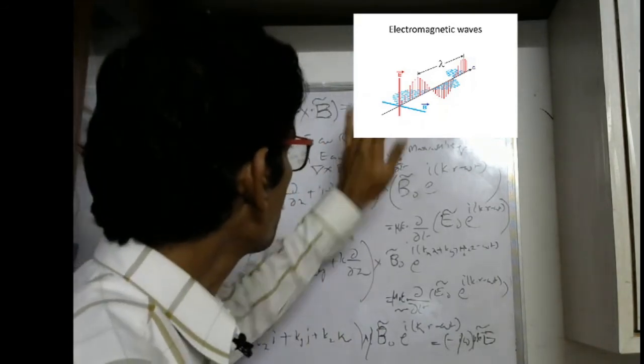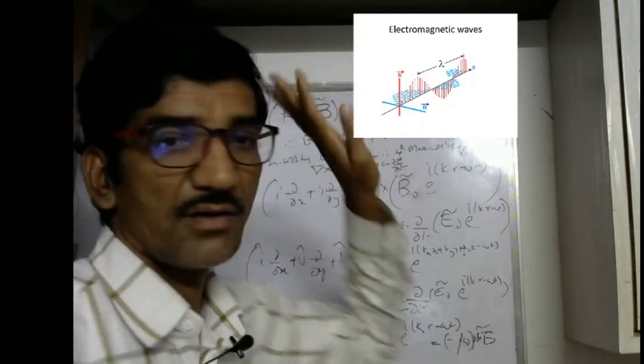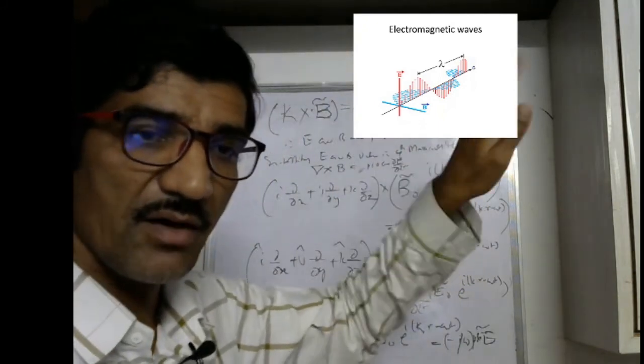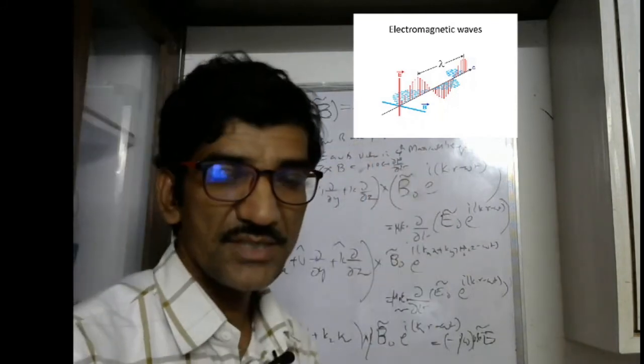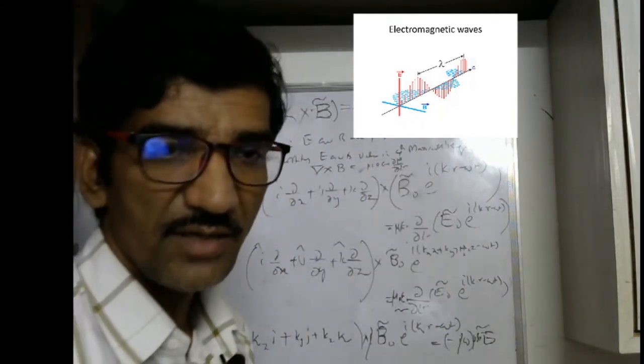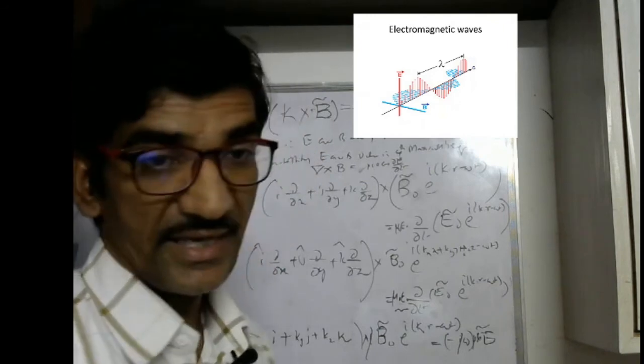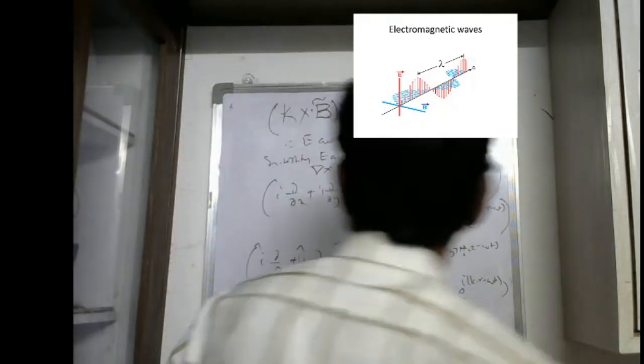So what is our conclusion here? E and B are perpendicular, as well as both E and B are perpendicular to K.